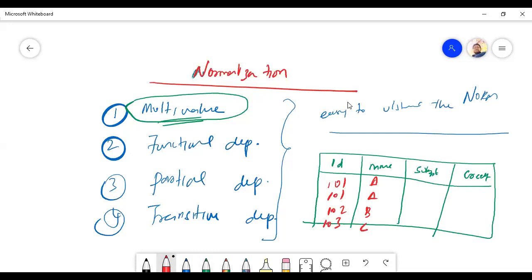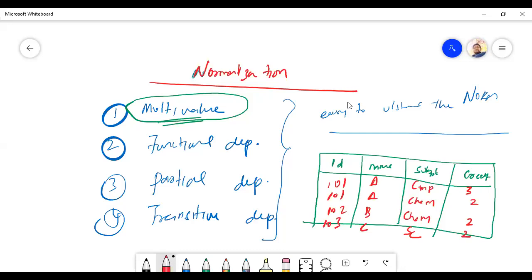Subject, say we will say computer, chemistry, chemistry, science. So we can say credit 3, 2, 2, 2. Right.